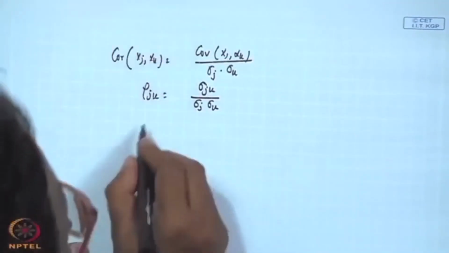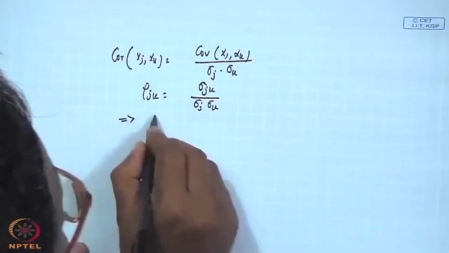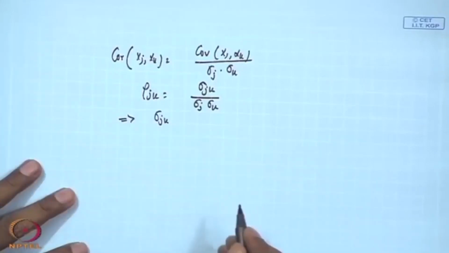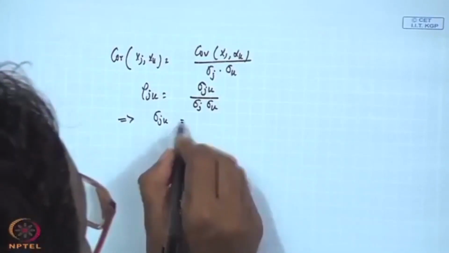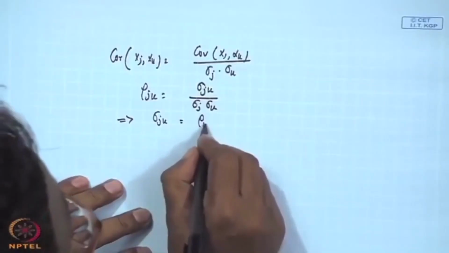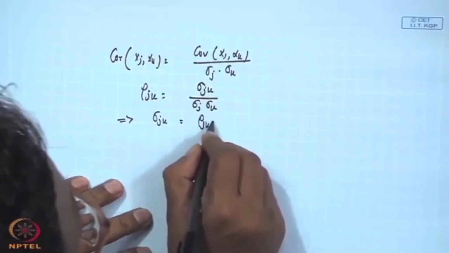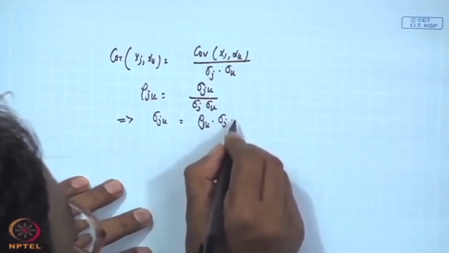That is the relationship. What is the relationship then? The covariance between two variables is the correlation between the two variables times their standard deviations.